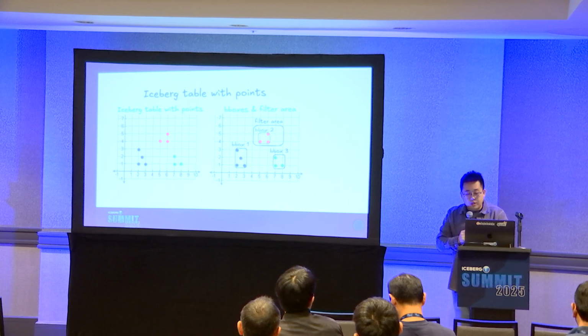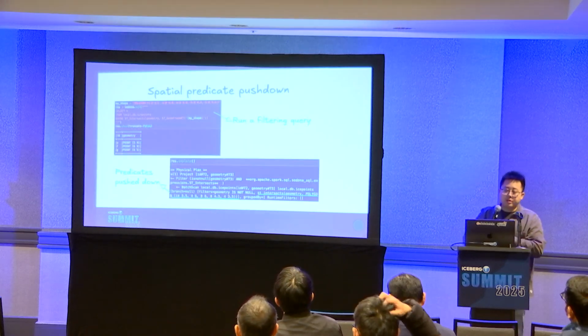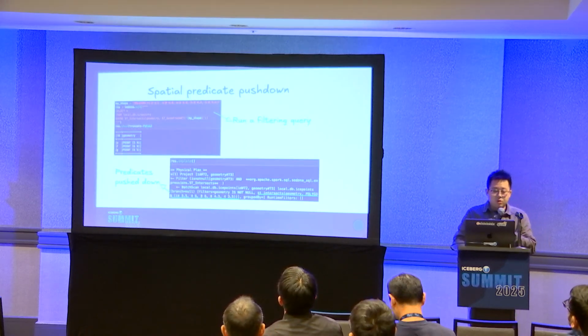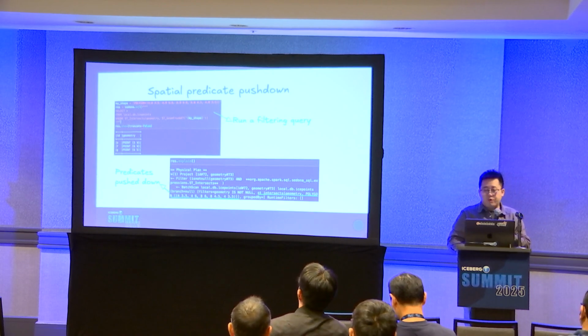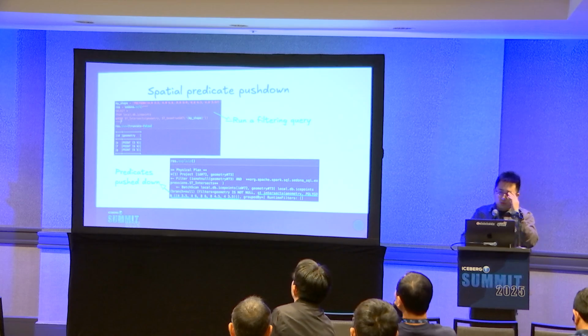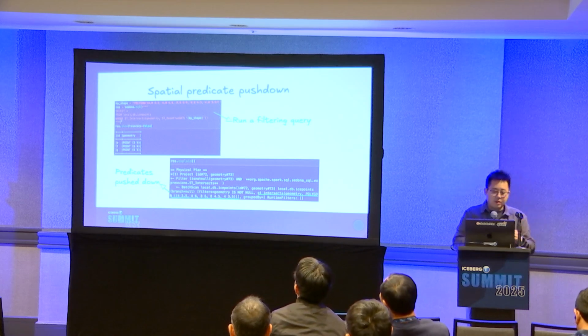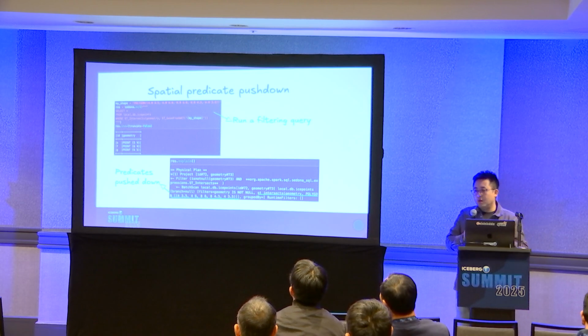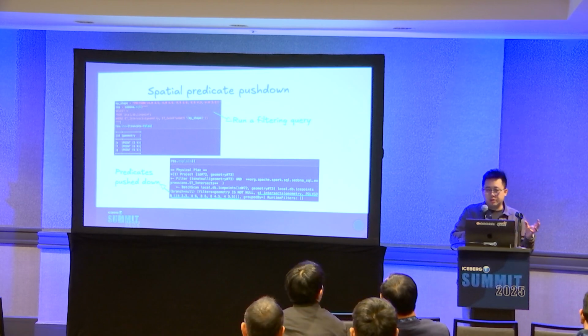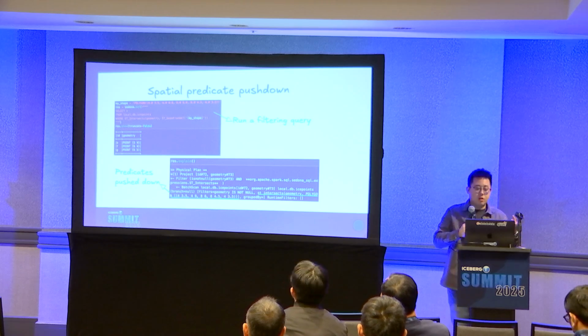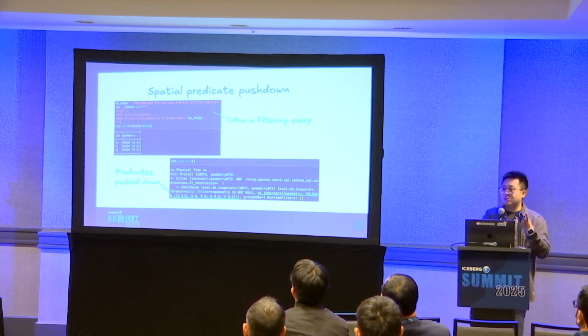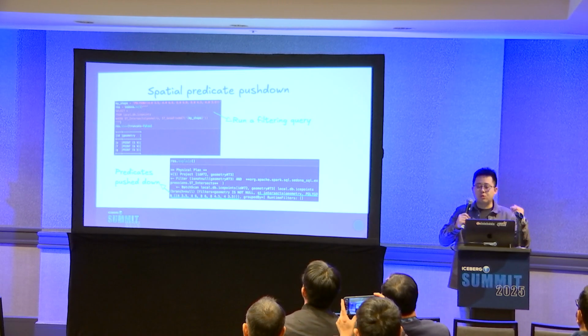Now let's see how we can do that. Here is the query you're going to run. You're going to use select from where. In the where clause, you're going to put a special predicate called st_intersects, similar to st_crosses, the one I showed you before. st_intersects is a spatial predicate from the spatial SQL standard.